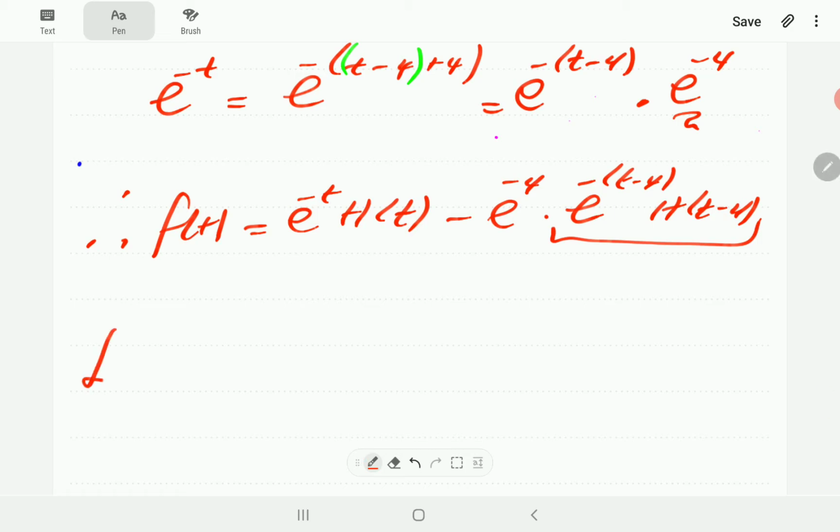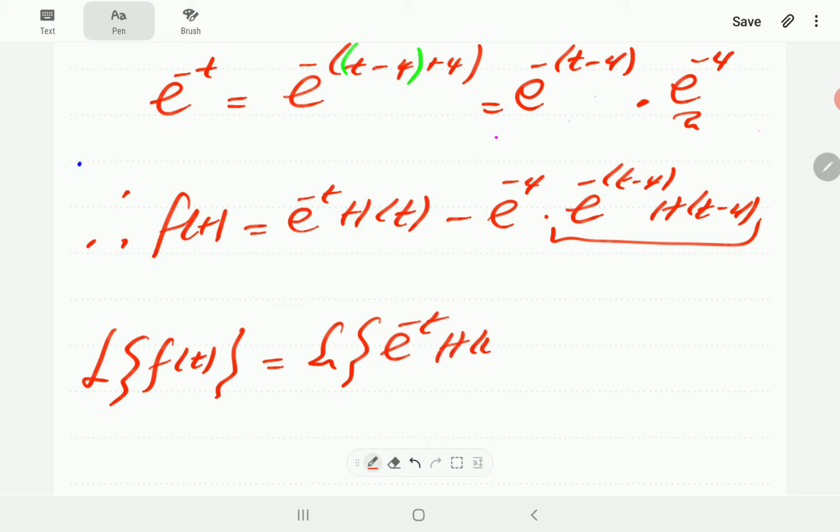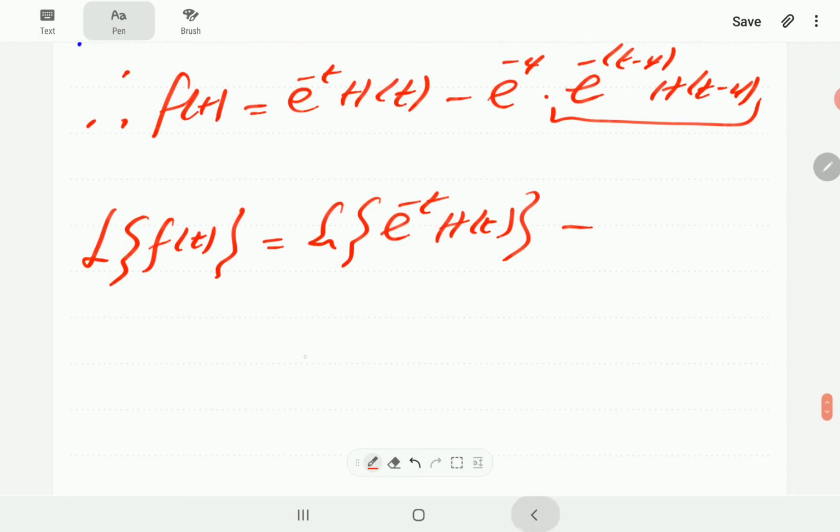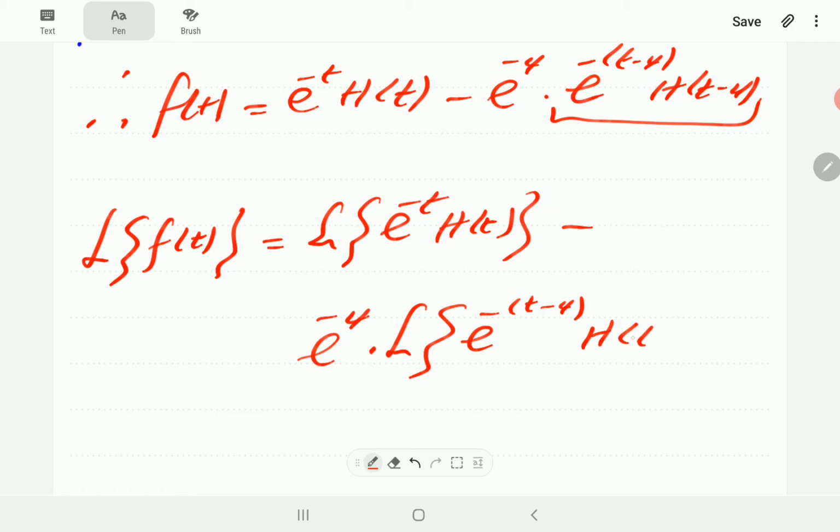So the Laplace transform therefore is going to be the Laplace transform of e to the minus t minus e to the minus 4 times the Laplace transform of e to the minus t h of t minus 4.